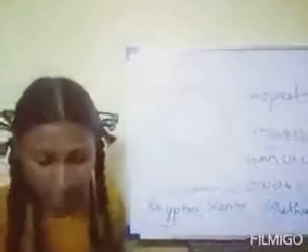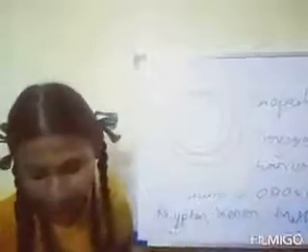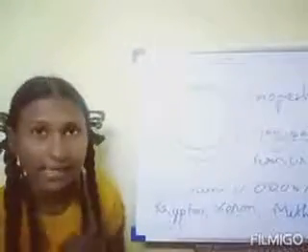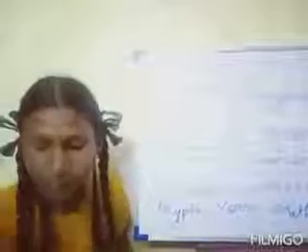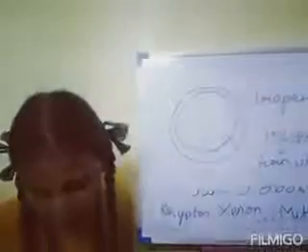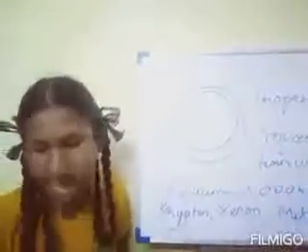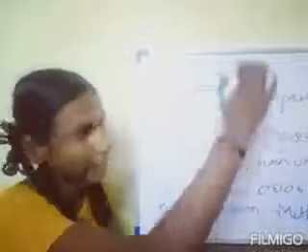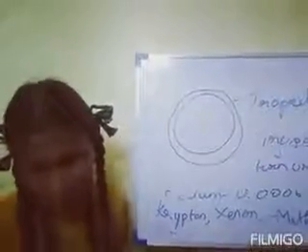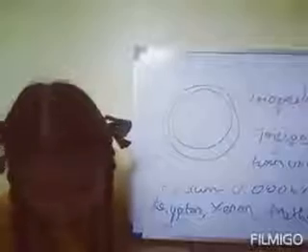The layer extends up to 8 kilometers at the poles and up to 18 kilometers at the equator. The temperature decreases with increasing height. Almost all the weather takes place in this layer.